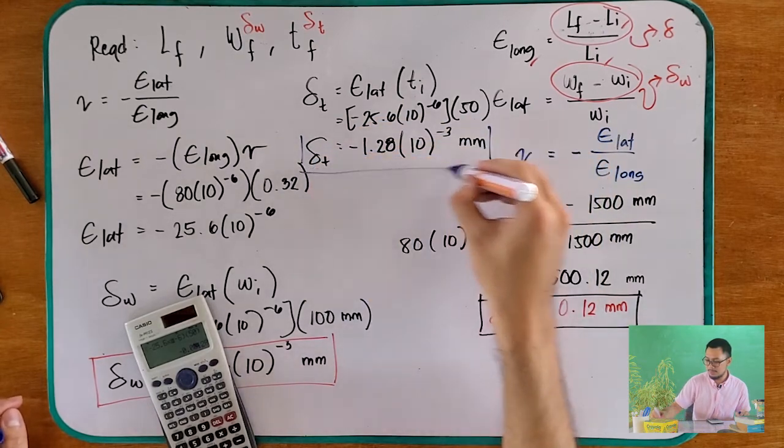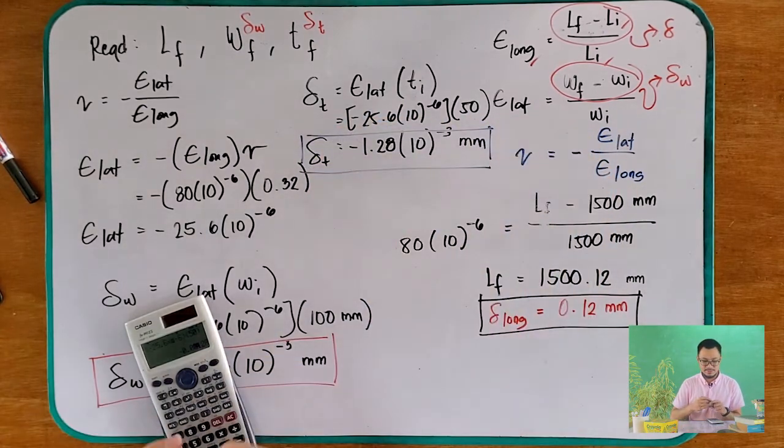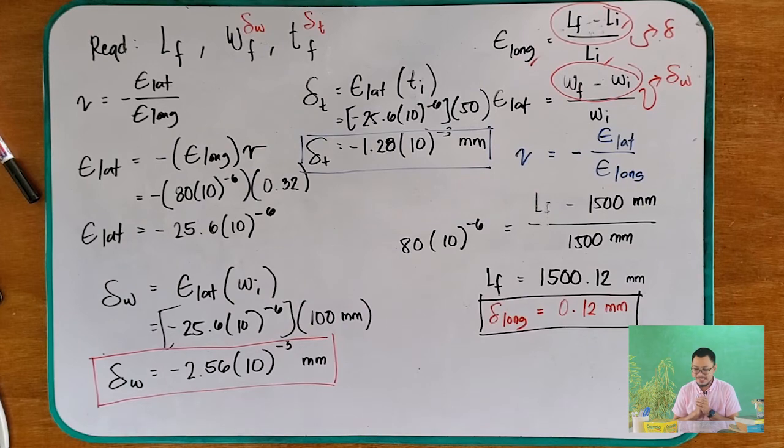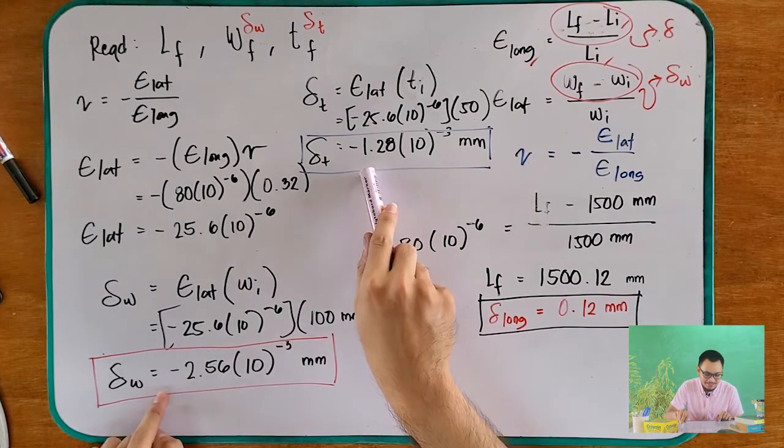Okay, since the change is what our problem asks for, then the change is what we give. Okay? Again, why is this negative? Because the bar is elongating.